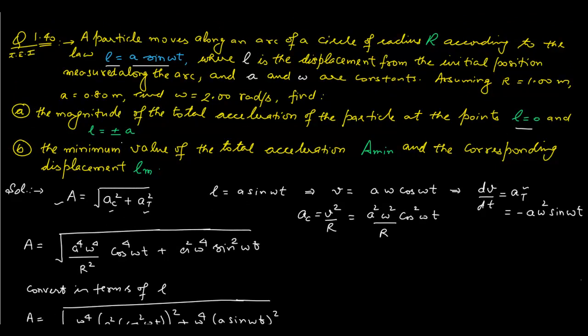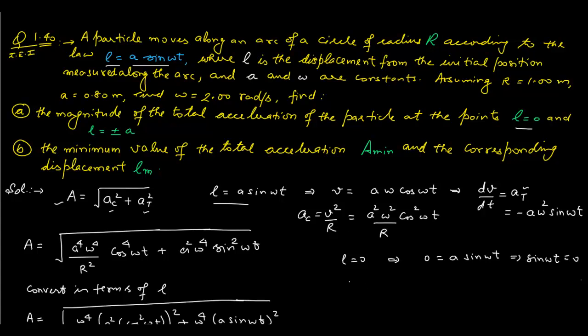Now the other method is, if you look carefully, that for L equal to 0 in this equation, you will get 0 is equal to A sine of omega t. Now A cannot be 0, so from here we get sine omega t equal to 0.